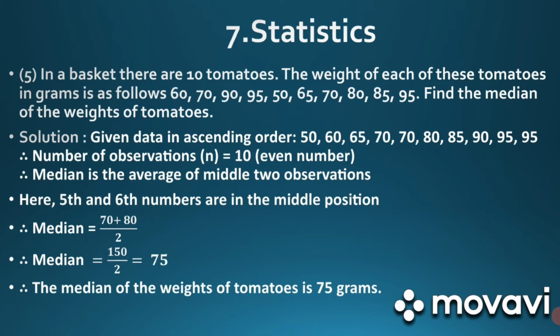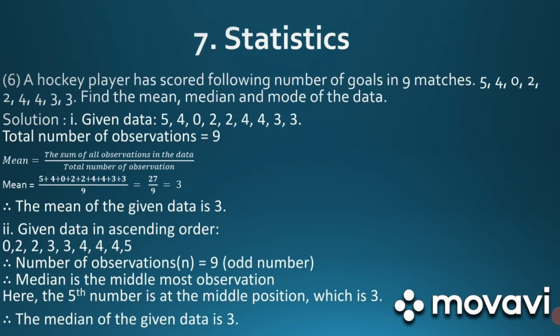Here, the fifth and sixth numbers are in the middle position. Therefore, the median is equal to 70 plus 80 upon 2. Therefore, median is equal to 150 upon 2, which is equal to 75. Therefore, the median of the weights of tomatoes is 75 grams.